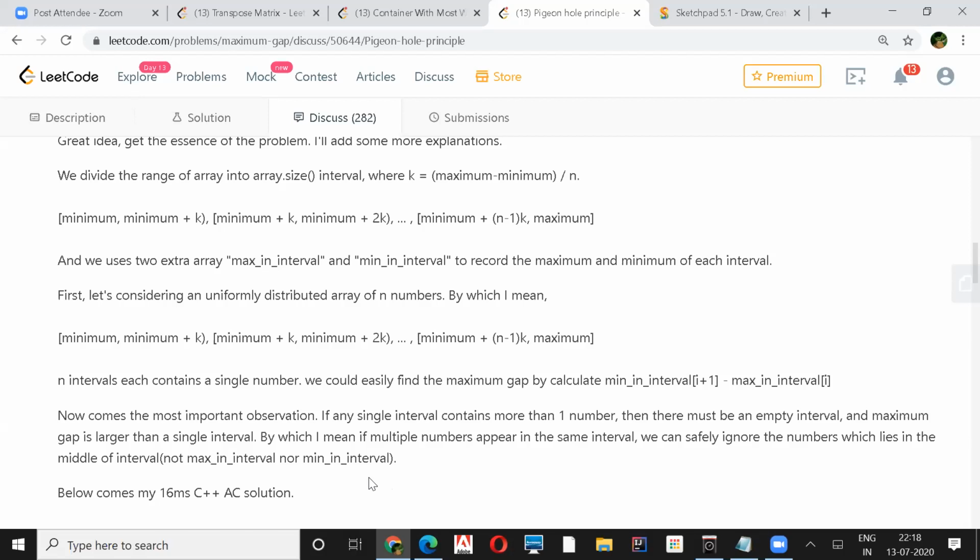So the cross bucket difference will always be more. Okay. The more elements there are in a single bucket, the gap will always be lesser. But if you have a single cross bucket gap, it will always be more in that case. Yeah, so you don't have to bother about that actually.